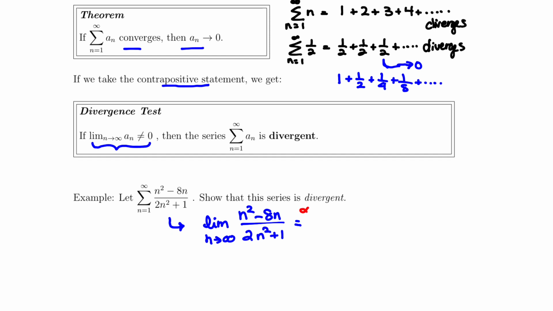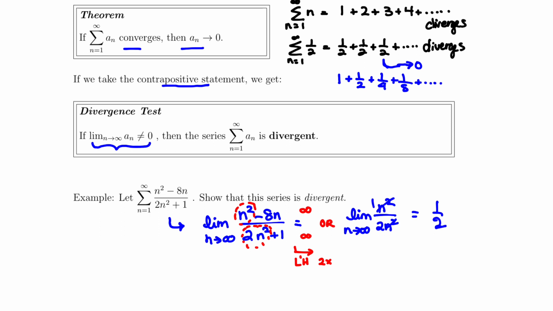You can either use L'Hopital's rule because it gives you infinity over infinity, and you can apply L'Hopital's rule twice. Or the other way, and this is the way I did in my calculus classes, is if it is infinity over infinity, the infinities are coming from the highest degrees. So we can just look at the highest degrees, n squared and 2n squared, and that allows us to say the limit is 1/2.